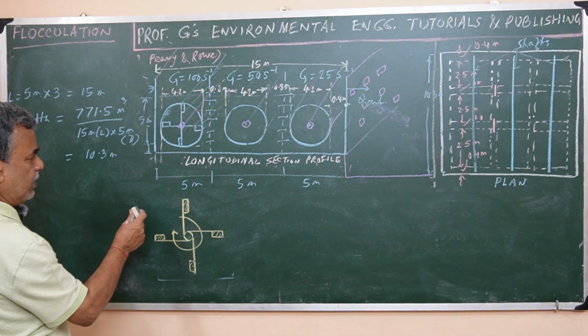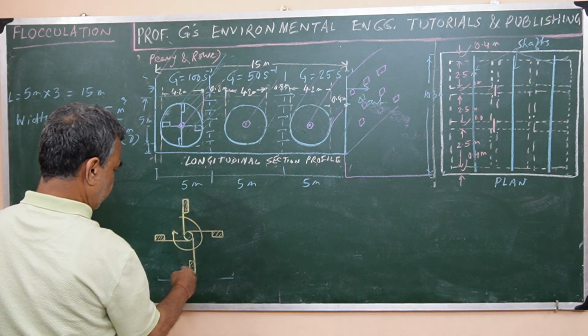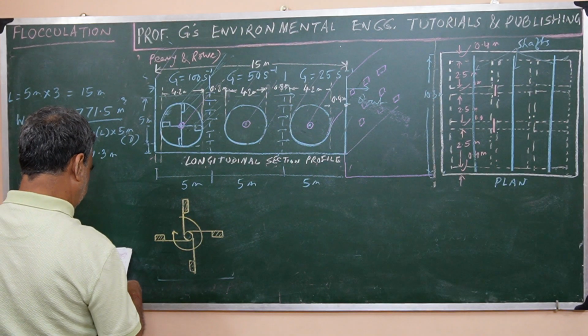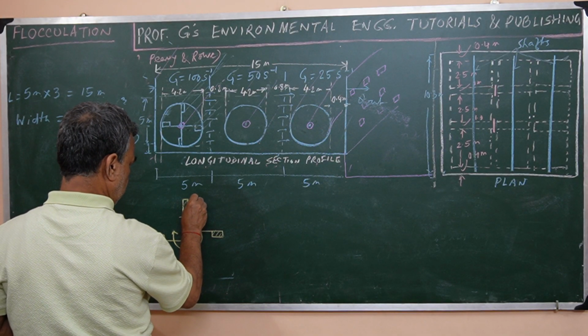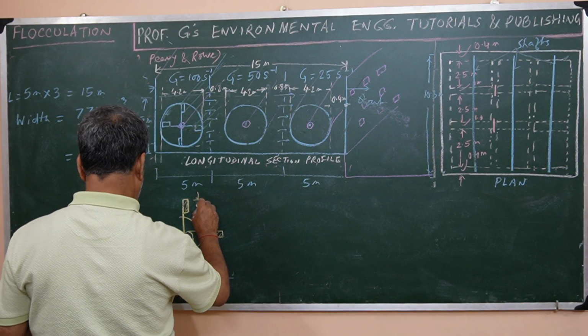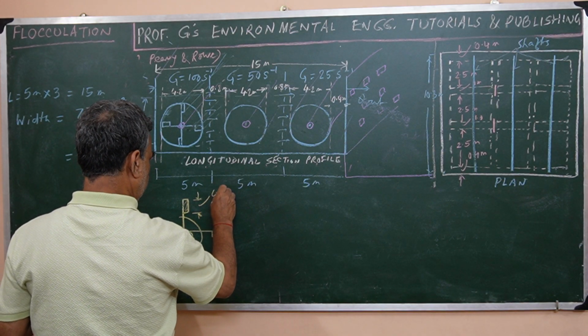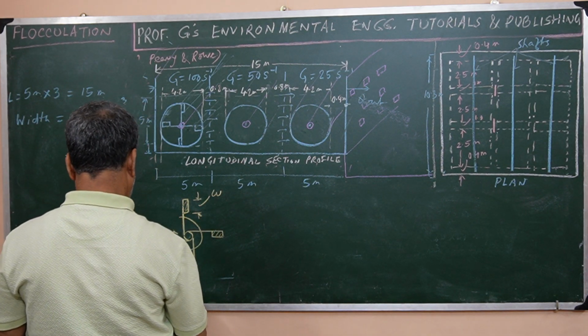And on the opposite face also that will be there. Here this is the width of the paddle. So this is suppose W, not this width. This is the paddle width.